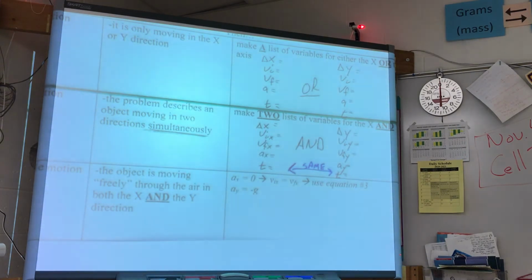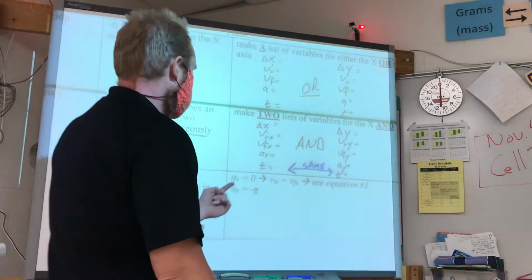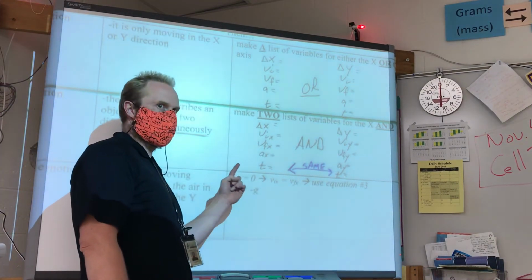Freely is in quotes, and we'll talk about why in a second. And if it's a projectile motion problem, which is a type of 2D motion, then we can conclude that my acceleration, ax, equals 0.